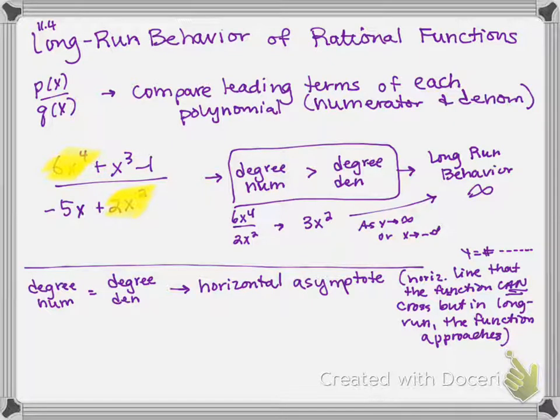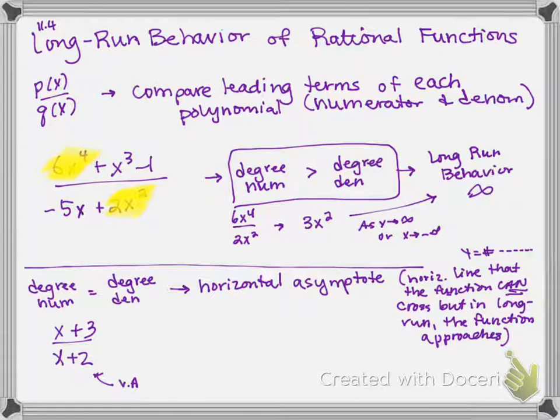So, for example, if you had the function x plus 3 over x plus 2, that's a rational function. You could find the domain, you could find the x-intercepts, you could find any vertical asymptotes. Remember, vertical asymptotes come from things that make the denominator undefined.